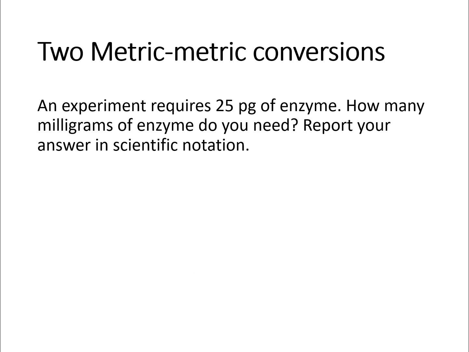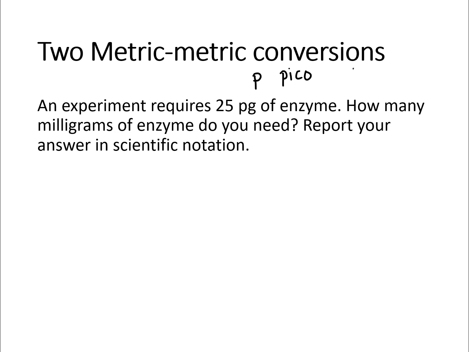So you have an experiment that you have to do, and it requires 25 picograms of enzyme. How many milligrams of enzyme do you need? Report your answer in scientific notation. So if you do not have that chart, P is pico.